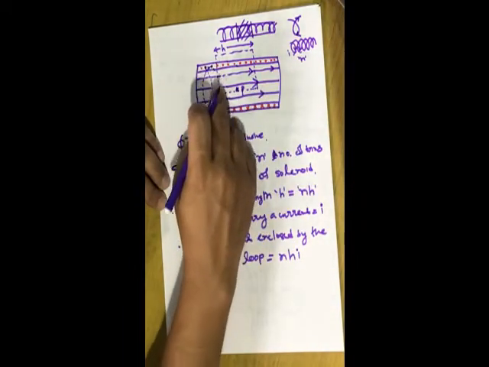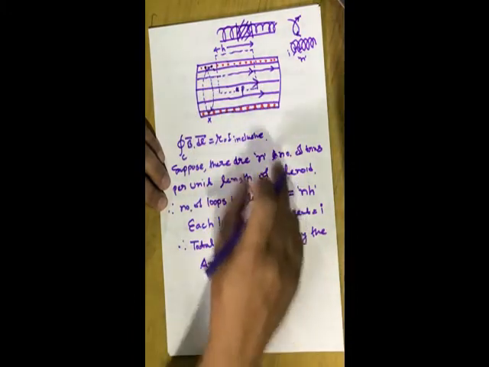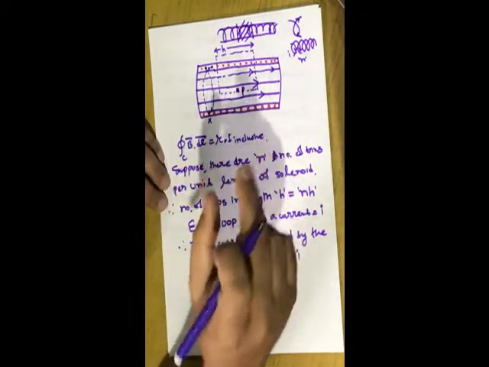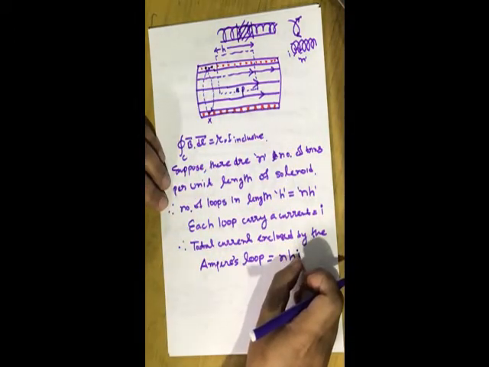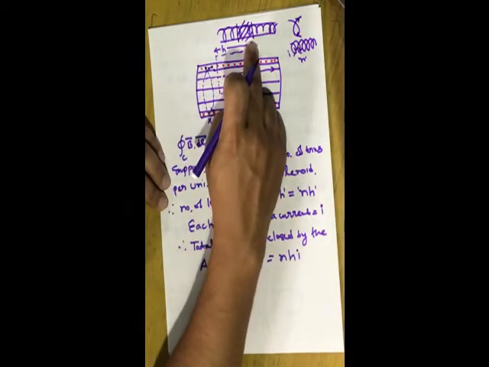You see, in this Ampere's loop, how many closed loops will there be? There will be nh closed loops, because n is the number of turns per unit length and h is the length of the solenoid.